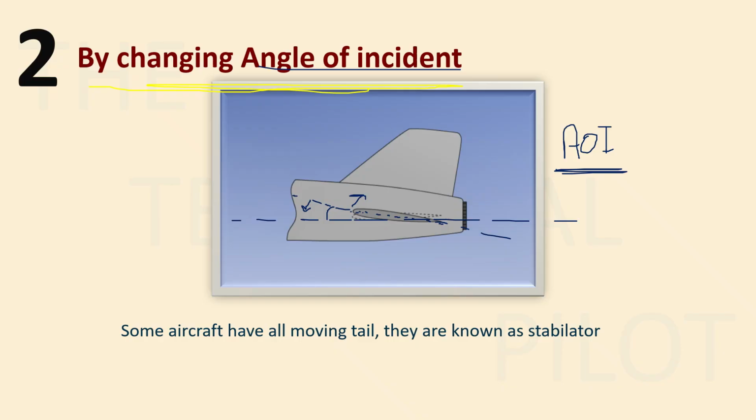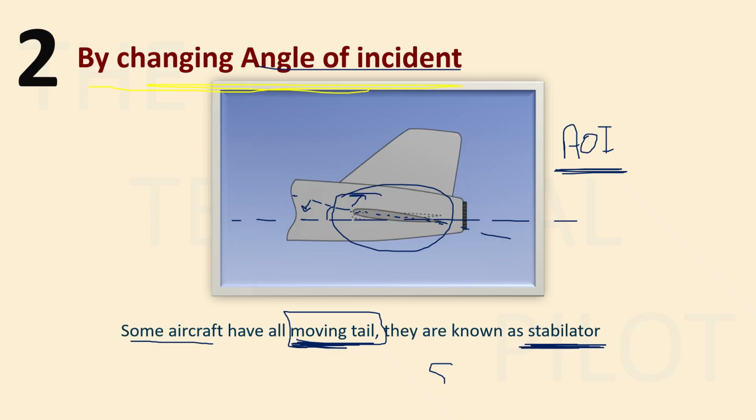The whole horizontal stabilizer is moving, right? This is in some aircraft, and it is known as a moving tail. Whenever the whole stabilizer surface is moving, you call it a moving tail. They are also known as stabilators. Why are they known as stabilators?